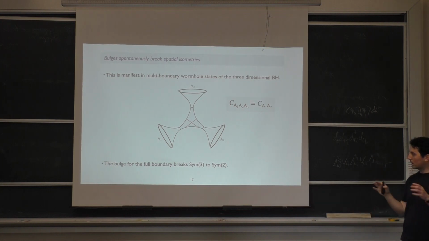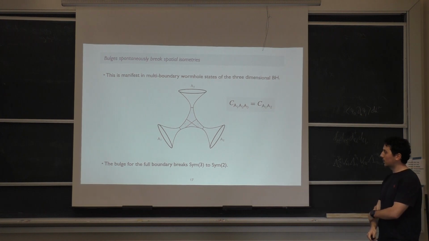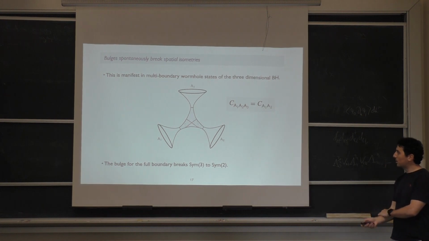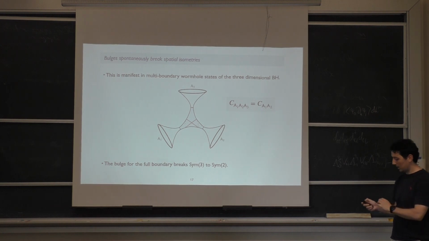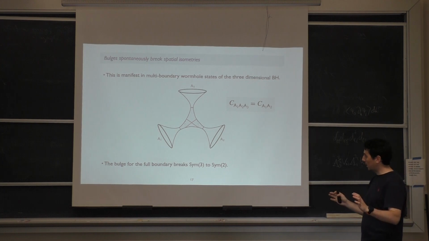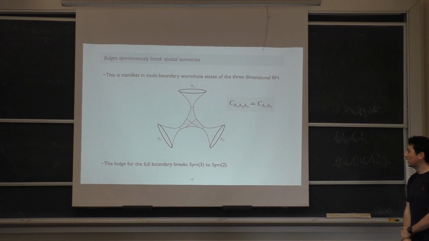So let's assume that we start with some state which has discrete spatial symmetry, like a multi-boundary wormhole state of the three-dimensional black hole. Here, I'm just drawing three boundaries. The geometry is completely symmetric with respect to permutations of these boundaries.